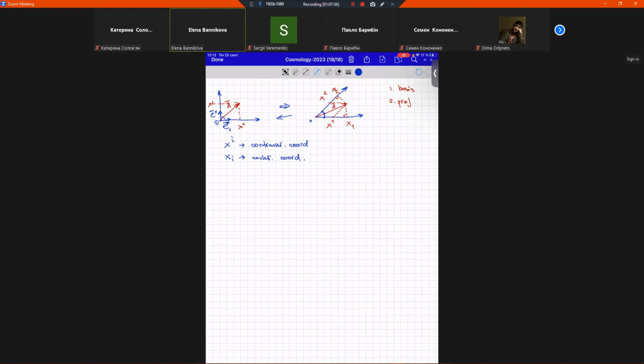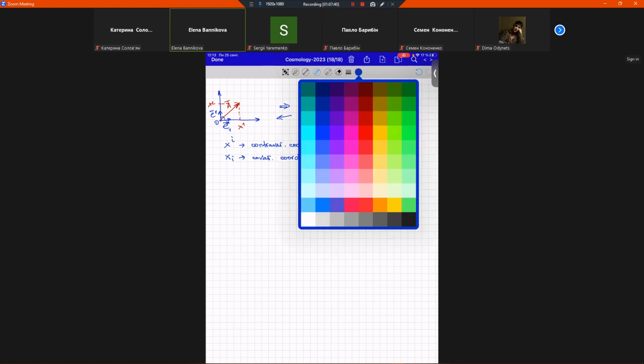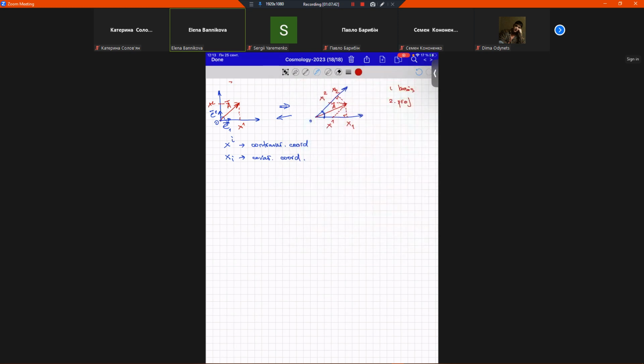So we can put a geometrical explanation. This is just a feel for why we have these two kinds of vectors.